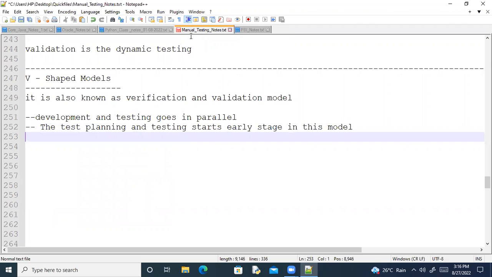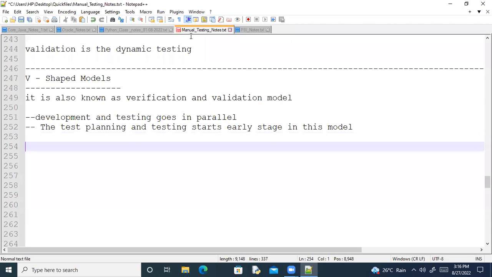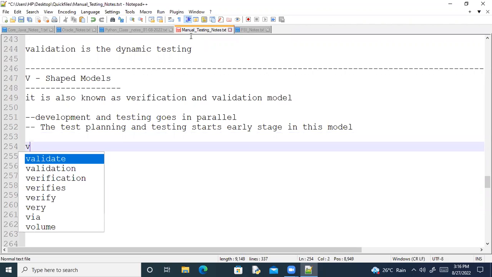What will come under the verification phase? What will come under the validation phase? Parallelly, it is going to be performed. So I'll show you the diagram and explain that to you.